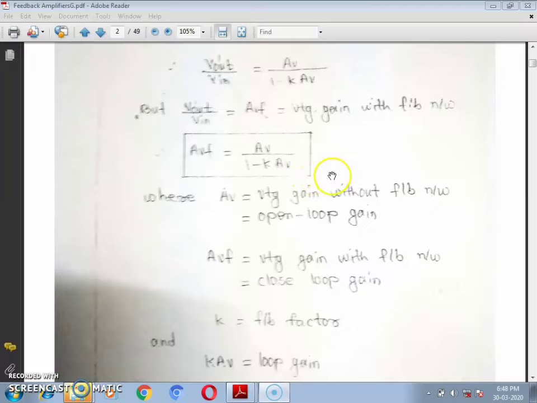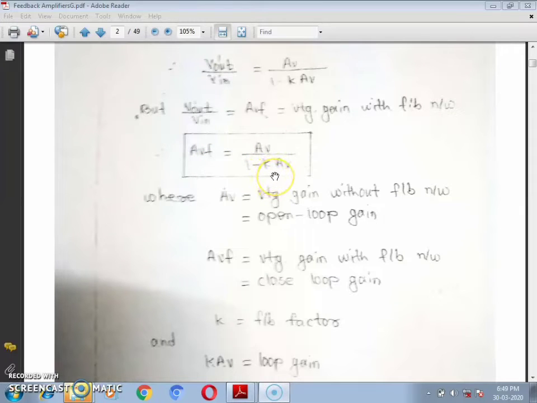Whereas for positive feedback, this K is greater than 0, it is non-zero. So this K will be replaced by simply a positive K. So finally, for positive feedback, the expression remains as it is.